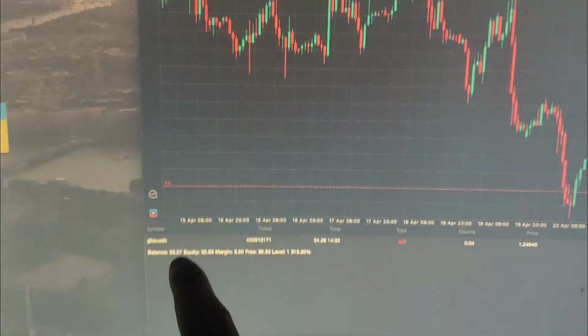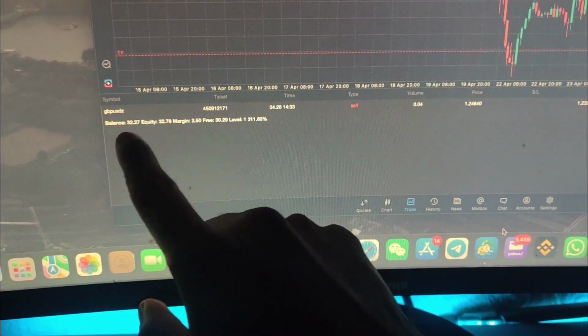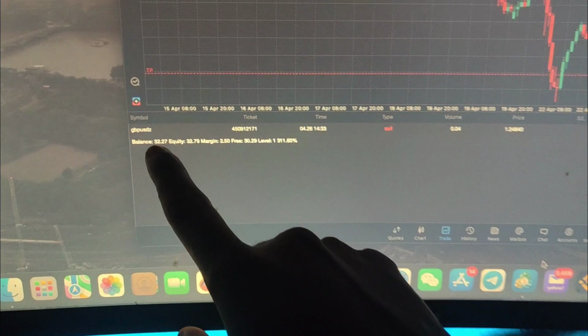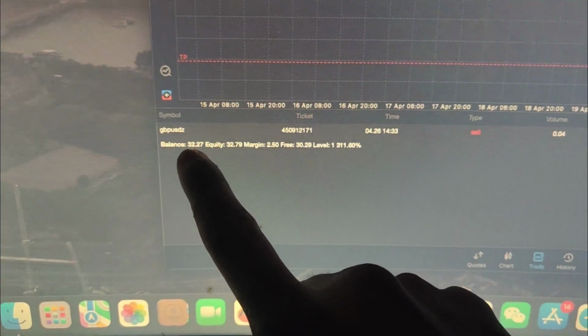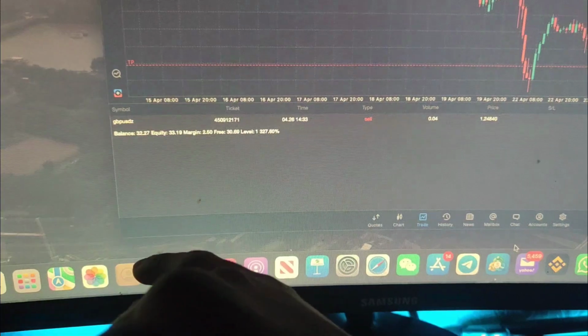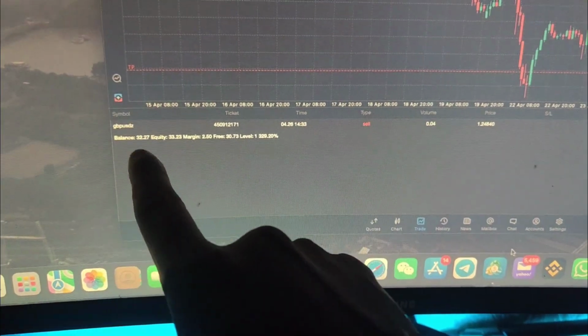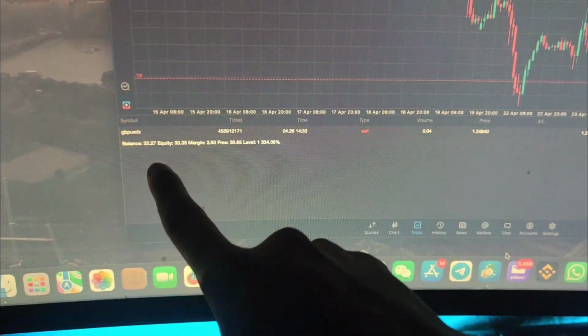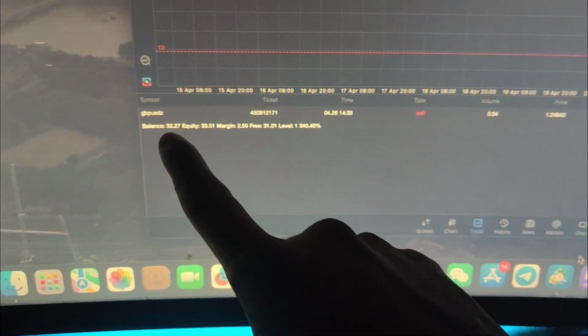So I deposited $160 divided into 5. That's equaling to $32. So the strategy is to take 5 trades. $160 divided by 5 is 32. So the first trade we go in with $32.